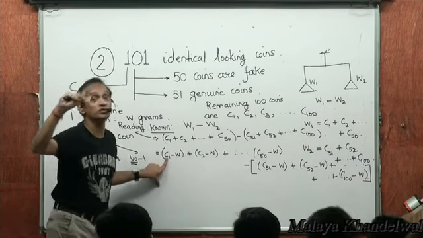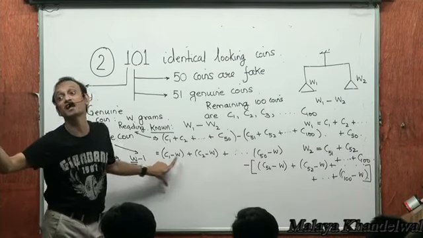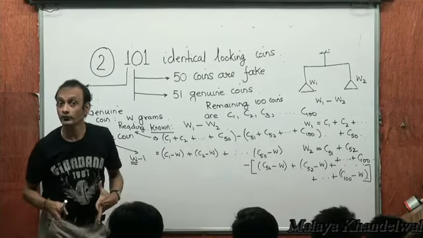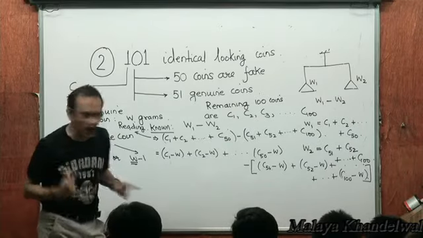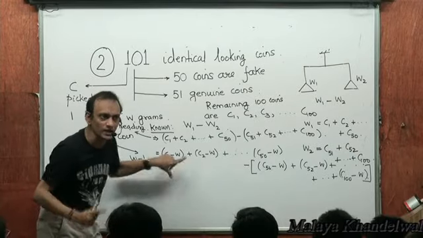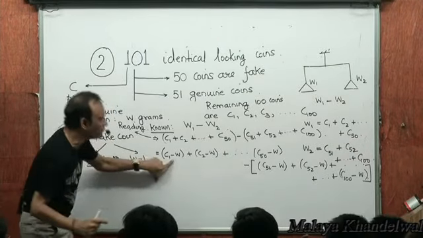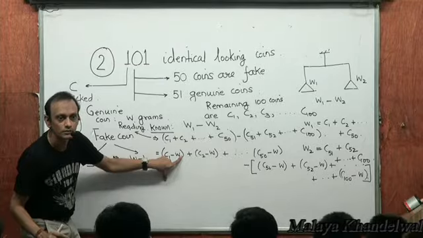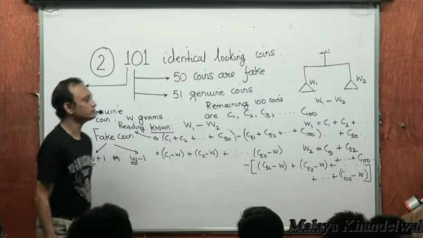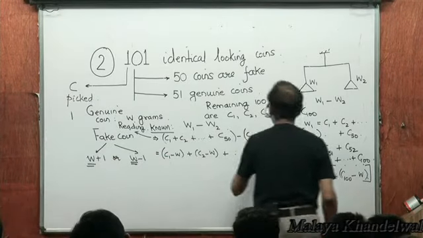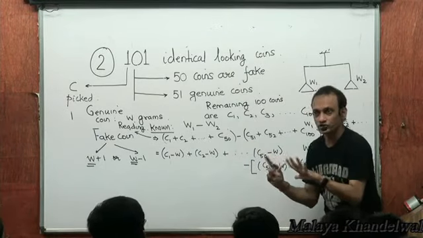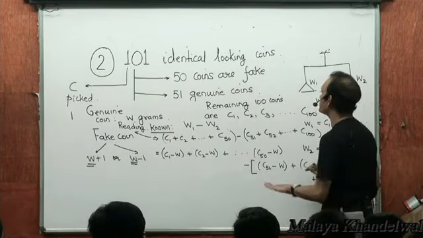If Ci is a true coin, a good coin, then Ci minus W would be 0, because a good coin weighs W grams. And these C1, C2, C3 are the respective weights of the coins, just to avoid discomfort.